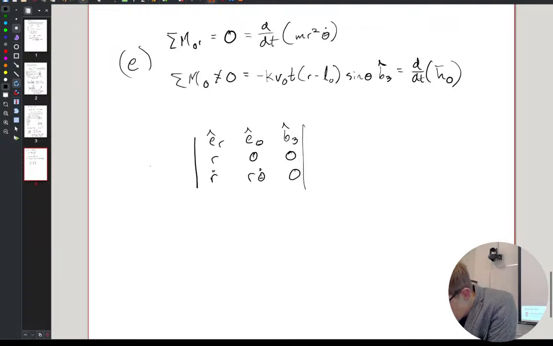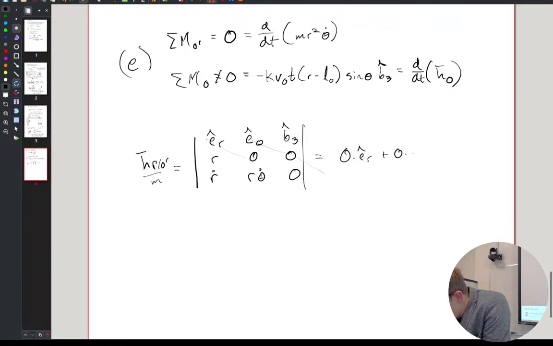So then the ER is 0 times ER, going this way, right?